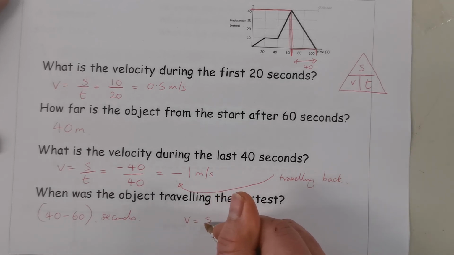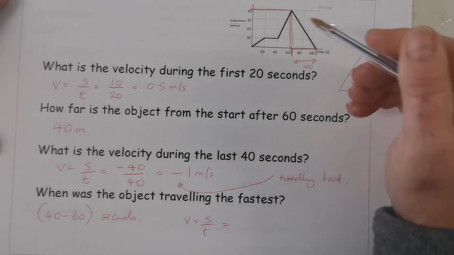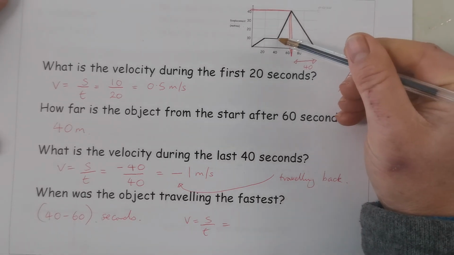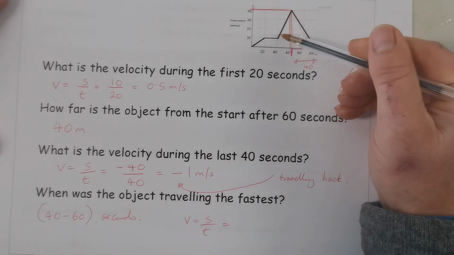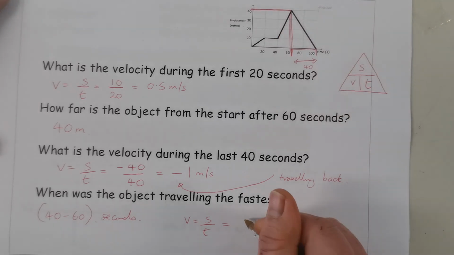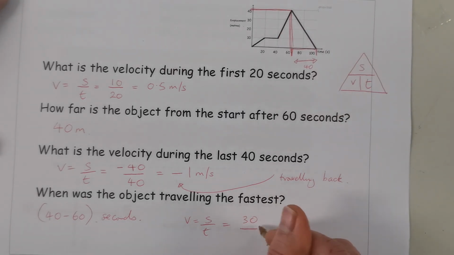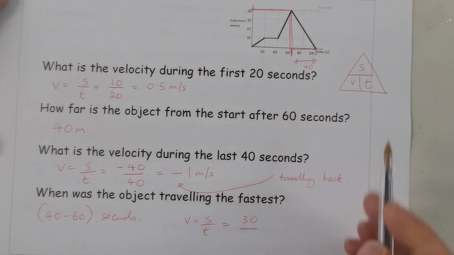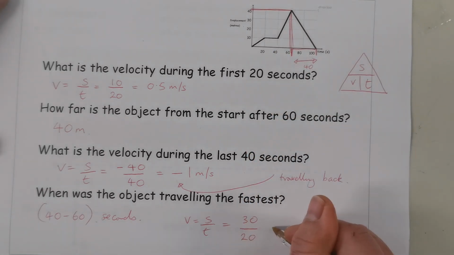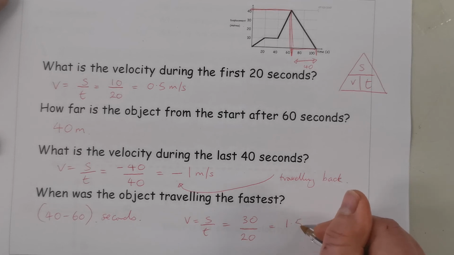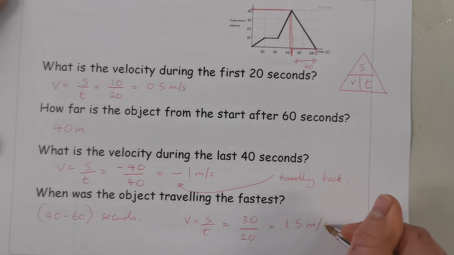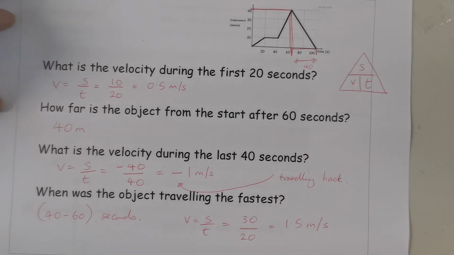Velocity equals displacement divided by time. What was the displacement? It travelled from 10 to 40 meters. That's 30 in how long? 20 seconds, which is 1.5 meters per second.